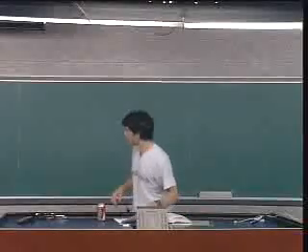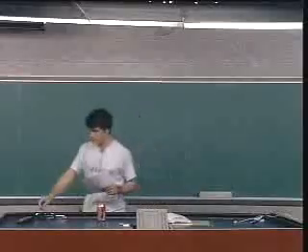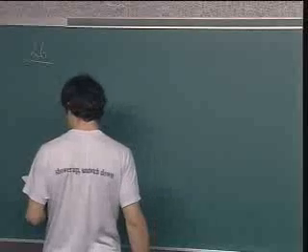So, let's start with problem 26. Okay, so we have a train station to which customers arrive in accordance to the Poisson process having rate lambda.